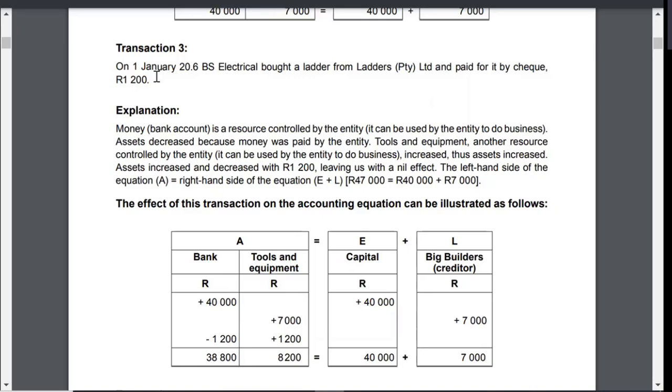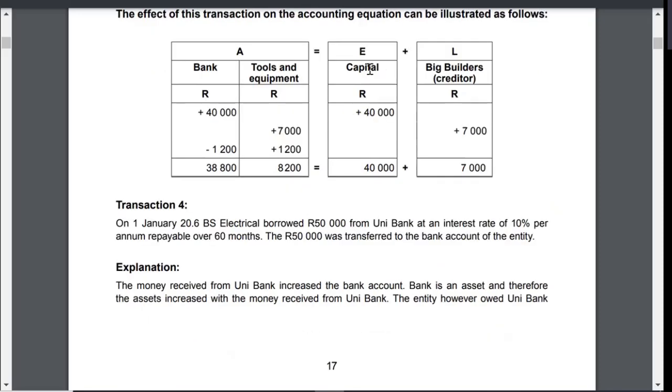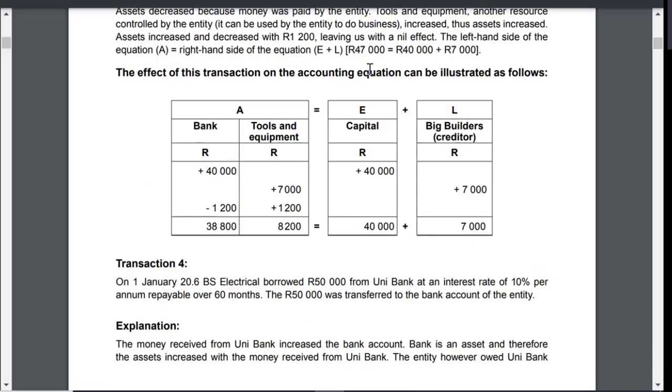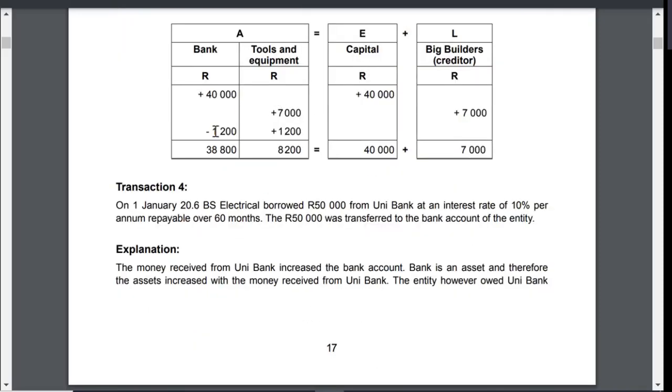And when an asset decreases, you credit, and when an asset increases, you debit it in the general ledger and the trial balance. So in this case, how will this affect the accounting equation? Because the bank account is decreasing, you put a minus 1,200.